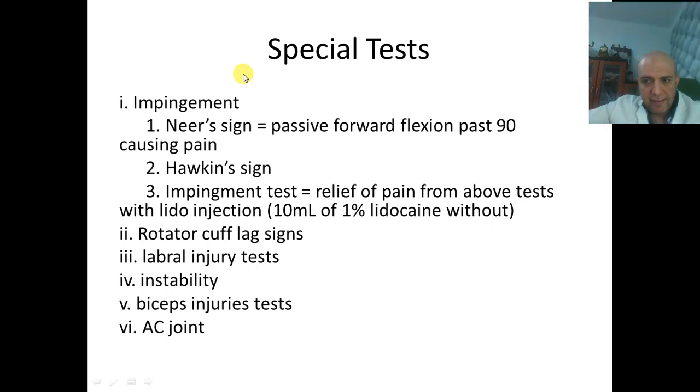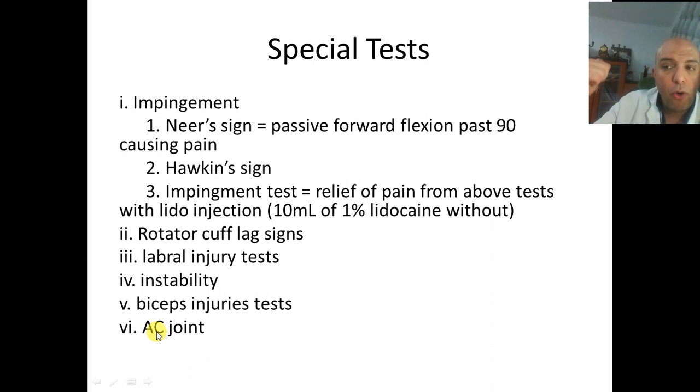Then instability tests, for me, I do it supine on the couch. So all those tests were done in the standing position. Then biceps, then pushing the wall, then supine to do instability tests, which I will inform you about again.